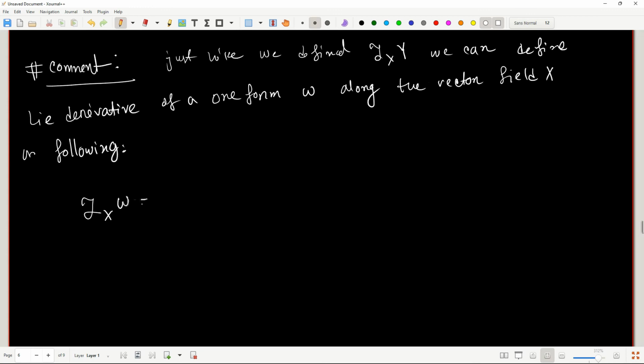L of x of omega will be defined almost the same way, but this time instead of a push forward, since you are dealing with a form, you need to use a pullback. And notice that you are not pulling it in the opposite direction, rather you are making the form go in the forward direction.